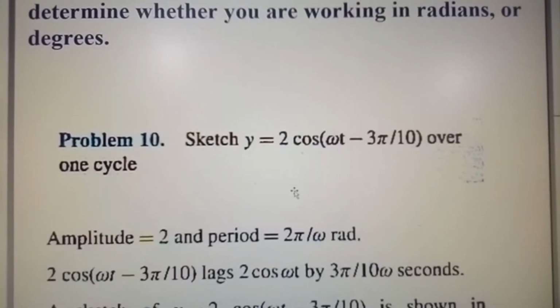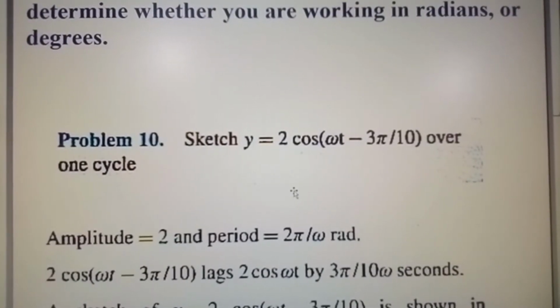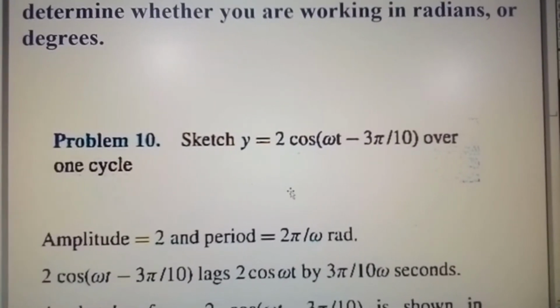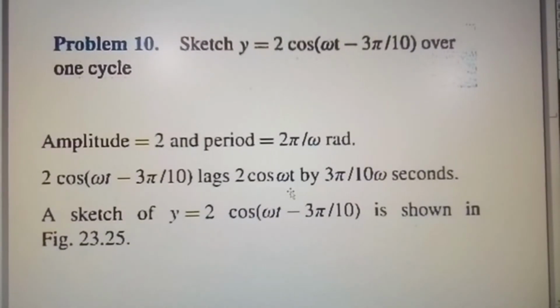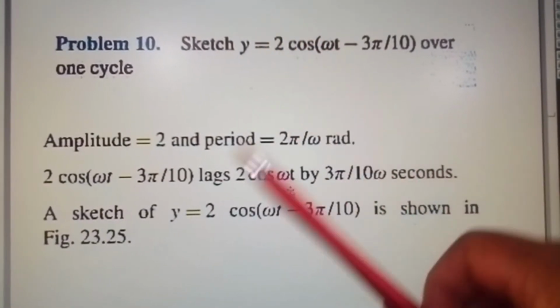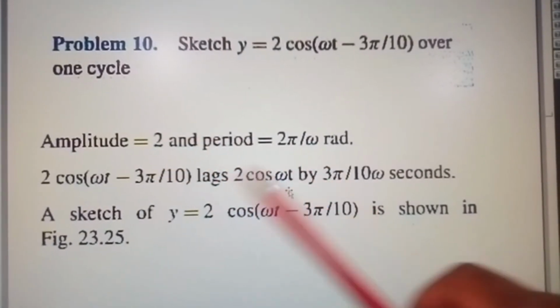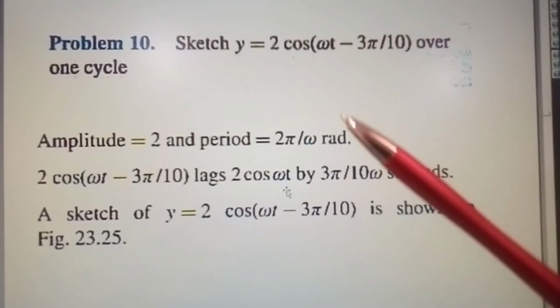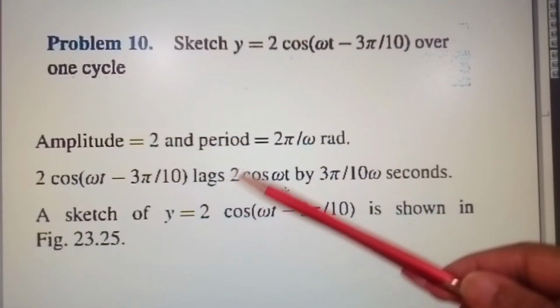And problem 10, sketch y equals 2 cos of omega t minus 3 pi over 10 over 1 cycle. Now we know the amplitude here is 2. I'm not going to spend a lot of time talking you through this because this will now become familiar to yourselves. Once you've done the work at the top, you should be able to apply it here.